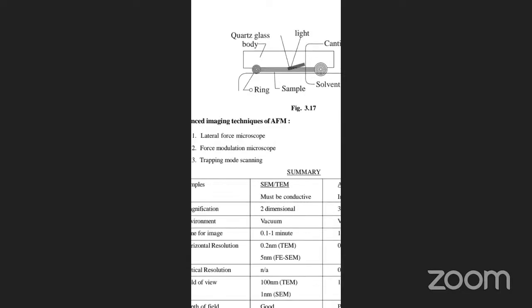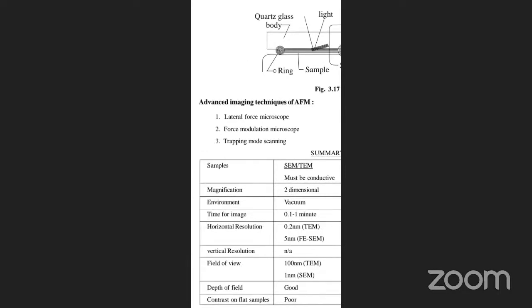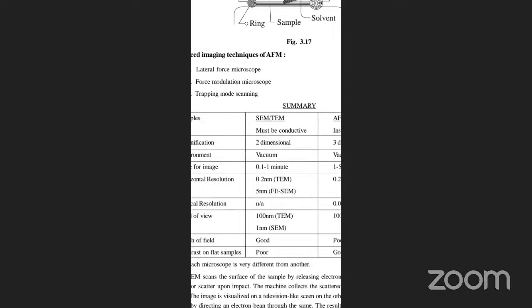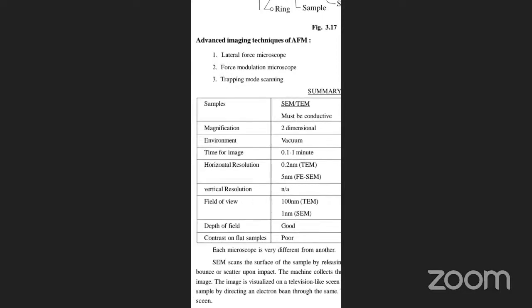Time for image: 0.1 to 1 minute, 1 to 5 minutes. Horizontal resolution: 0.2 nanometer for TEM, 5 nanometer for FESEM, and AFM. Vertical resolution 0.05 nanometer, and field of view 10 nanometer to some 100 micrometer. Depth of field: good, poor. Contrast and flat samples: good.